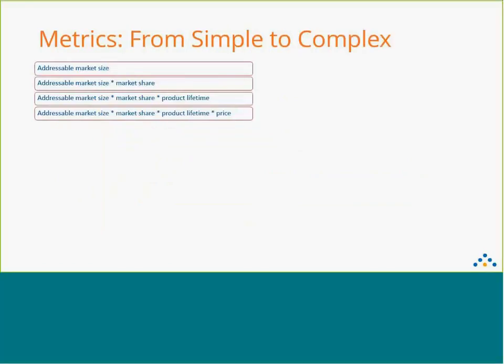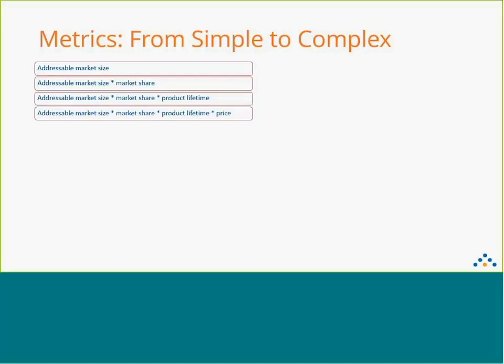So I'd like to now go through a piece where we talk about some of the different metrics that can be used for asset valuation. We start with a series of metrics from the very simplest, addressable market size, moving to essentially an estimate of revenue by creating a product from addressable market size, market share, lifetime, and price.